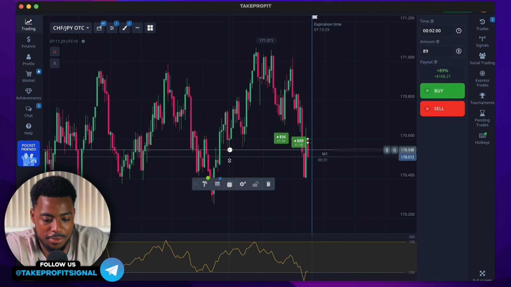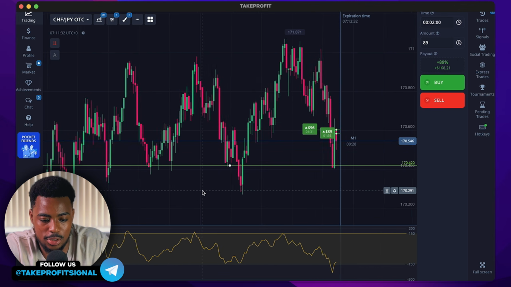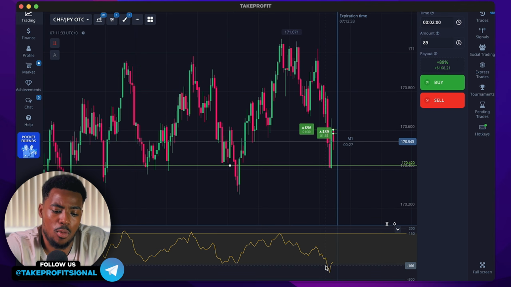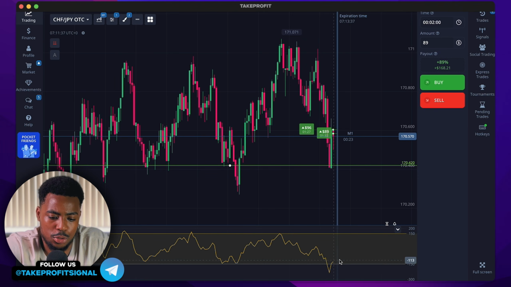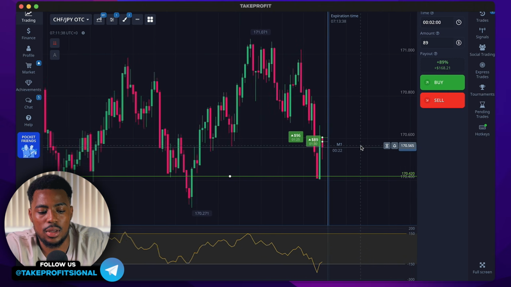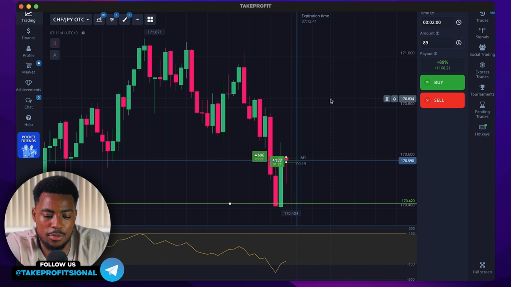So define a horizontal level, wait for its confirming signals, reaction, and watch the indicator, its behavior, its return to the normal trading area, and then open trades. It's very simple.